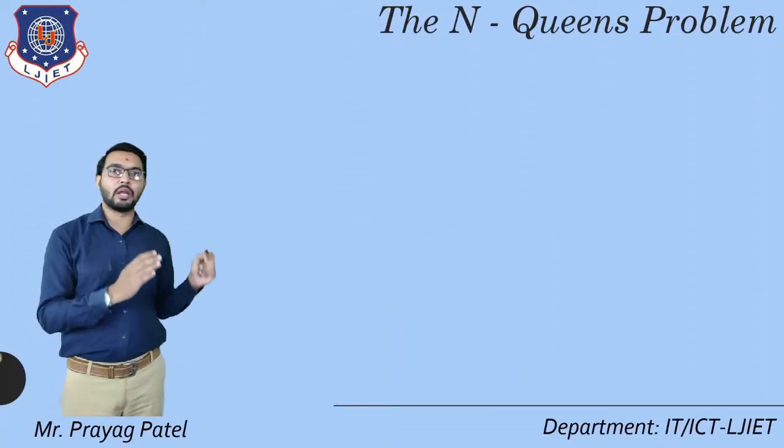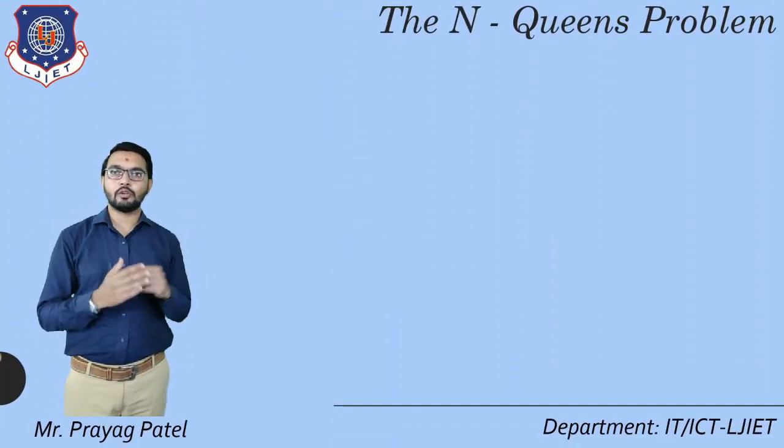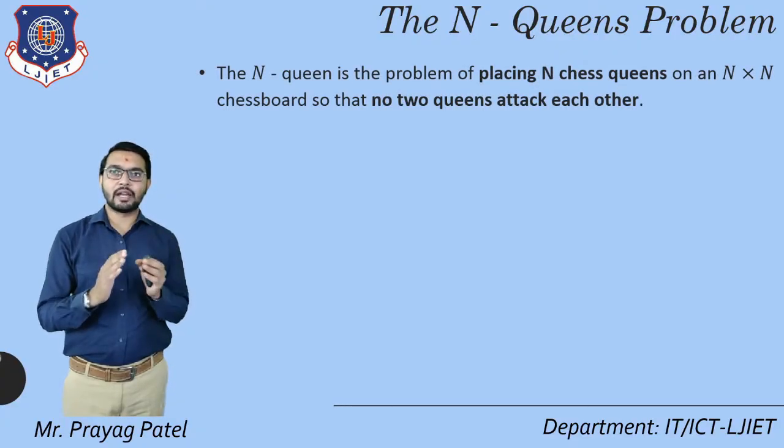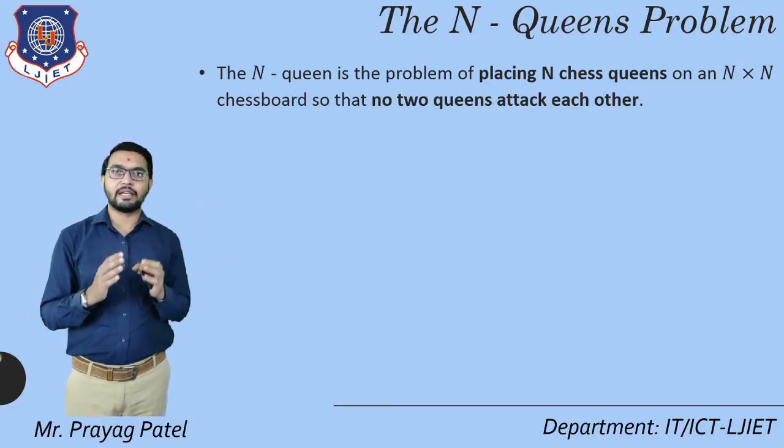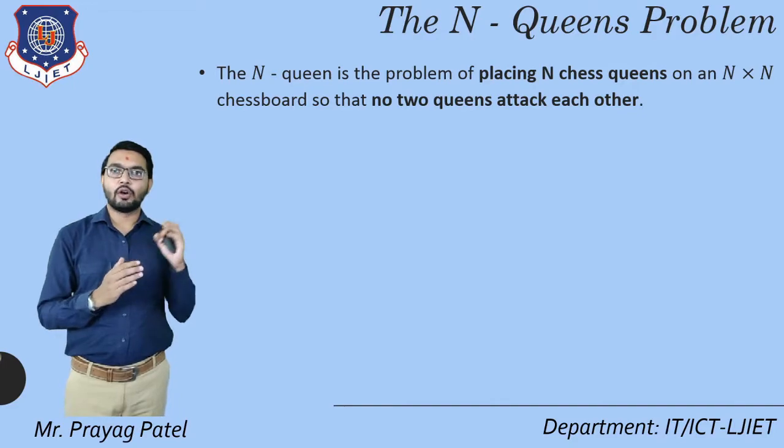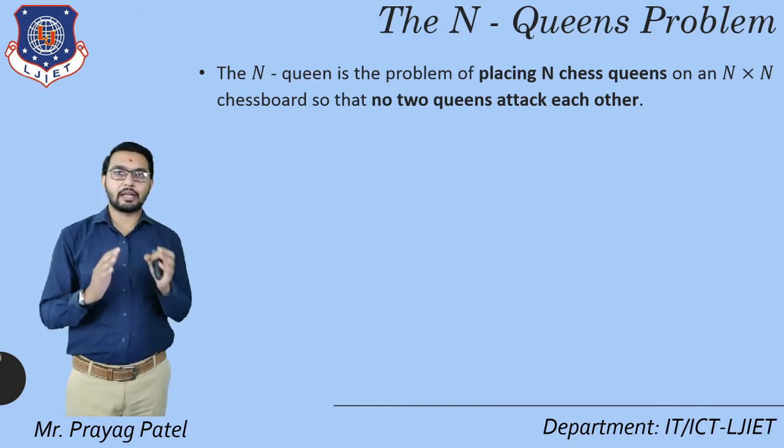Now consider the problem of the n queen. The n queen problem is the problem of placing n queens on an n cross n chess box so that no two queens attack each other.